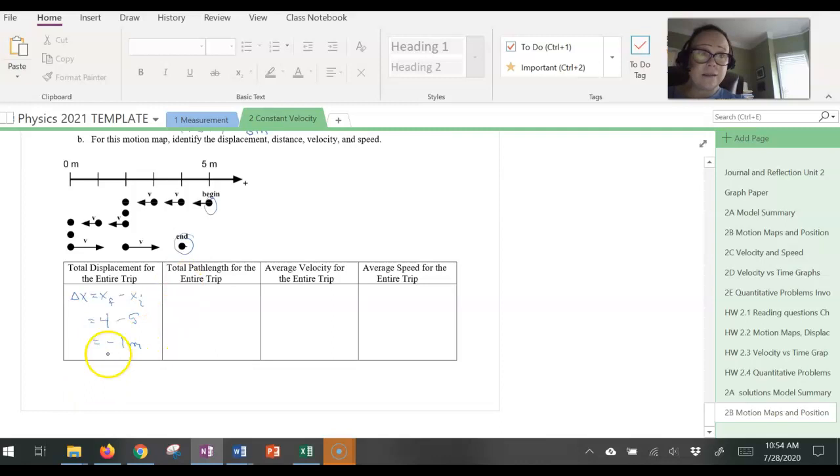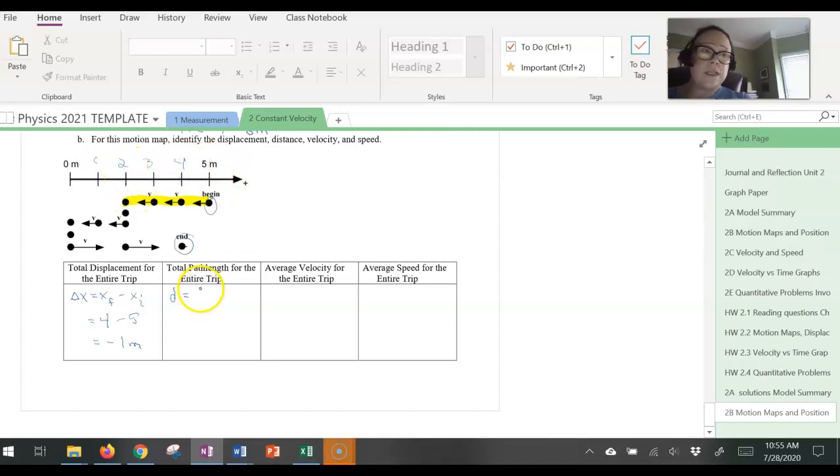The path length is going to be the sum of the absolute values of the displacements for each part of the trip. So the first part of the trip, this object moved in the negative direction from 5 meters to 2 meters.